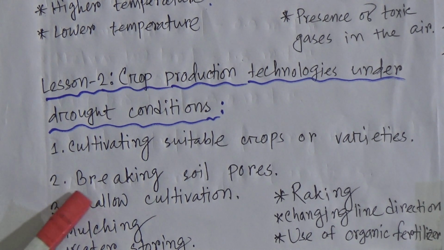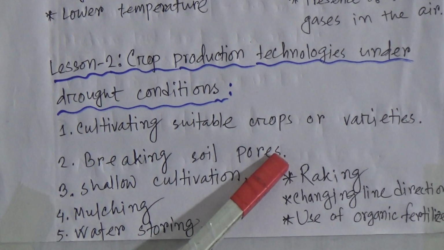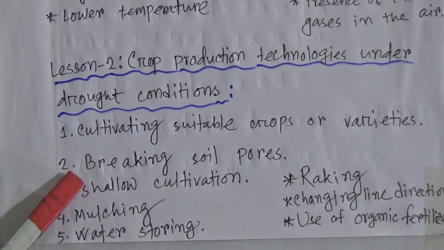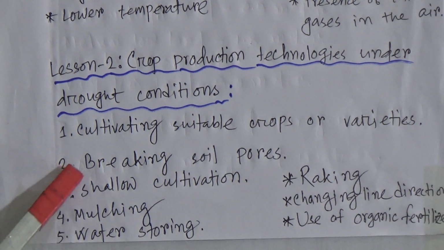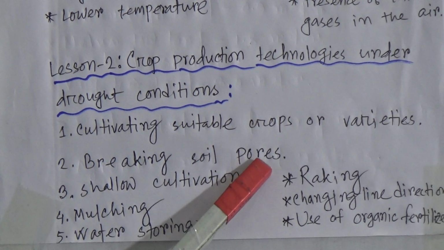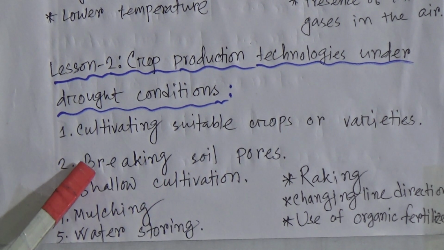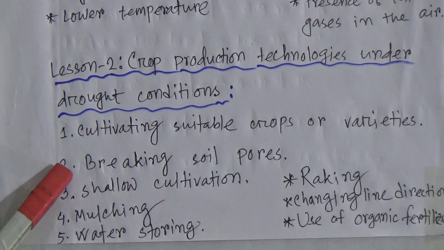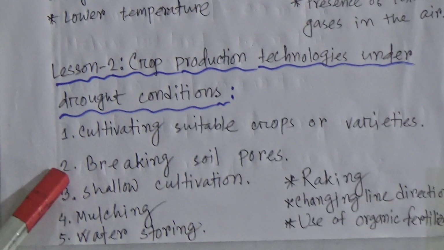Then breaking soil pores. Friends, at the end of the rainfall, if the farmers break the soil pores, then by doing that, the sun's rays cannot enter the deep of the soil. So as a result, what will happen?